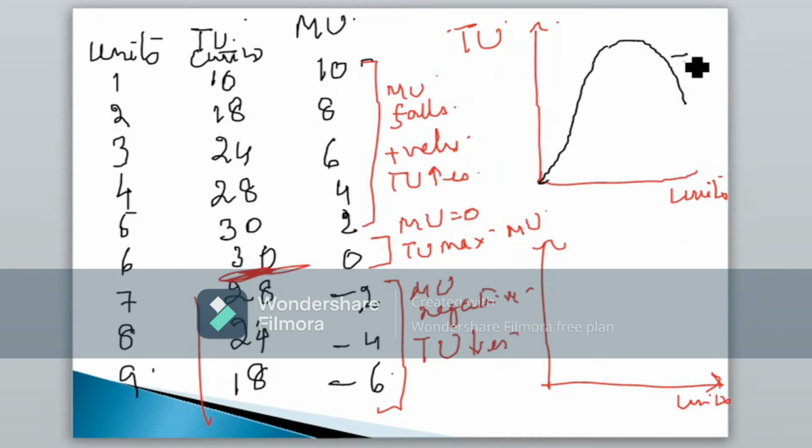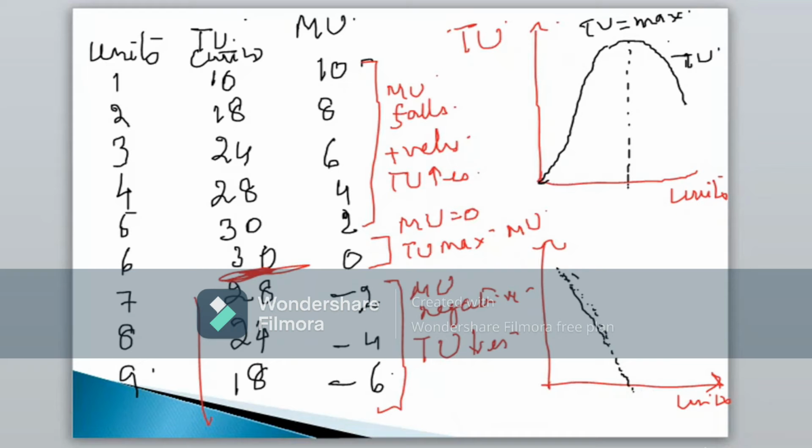Here, at this point, total utility is maximum. Now, if we look at marginal utility, it falls from the first unit.